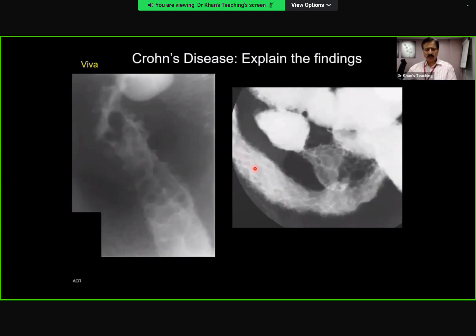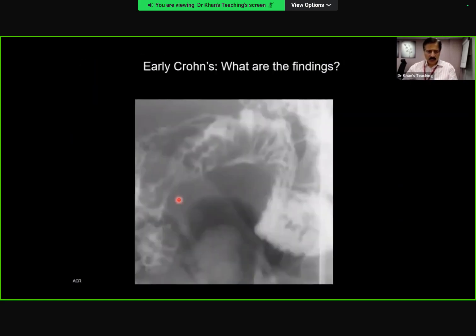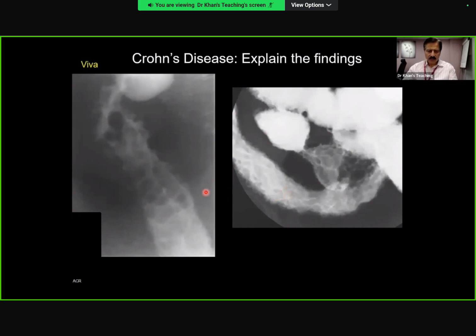Now, first of all, I showed you one ulcer, which was what we call a linear ulcer. Now, look here, what is happening. There are so many ulcers. This is one ulcer, second ulcer, third ulcer, and with that there is edematous mucosa, which gives you this cobblestone appearance.